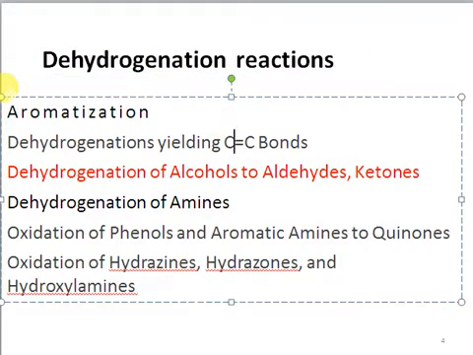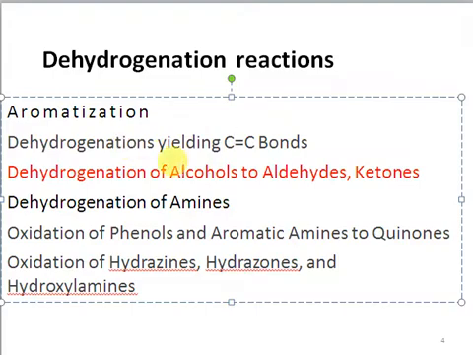There are different types of dehydrogenation reactions, including aromatization. When we have a six-membered ring and we convert it into a benzene ring by elimination of three hydrogen molecules, this is an example of aromatization. If we have alkanes and we remove two hydrogens, we get carbon-carbon double bonds, right?